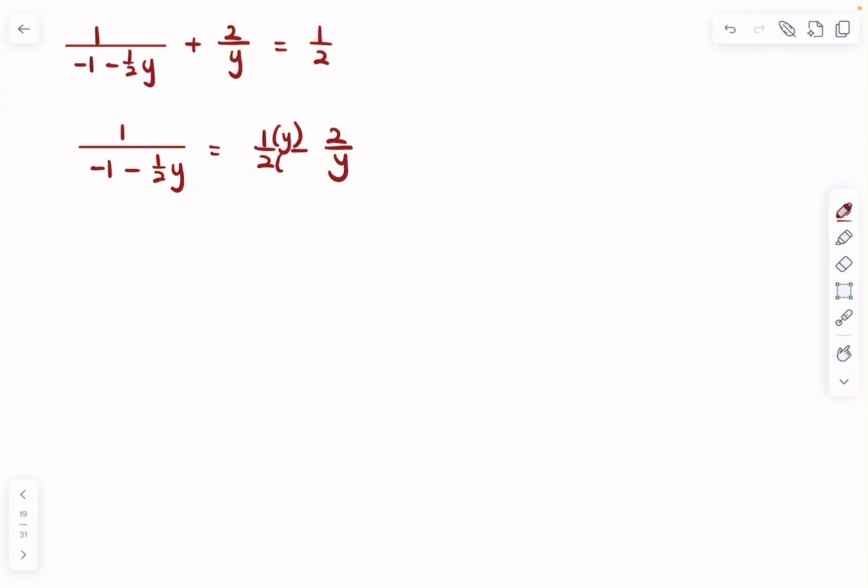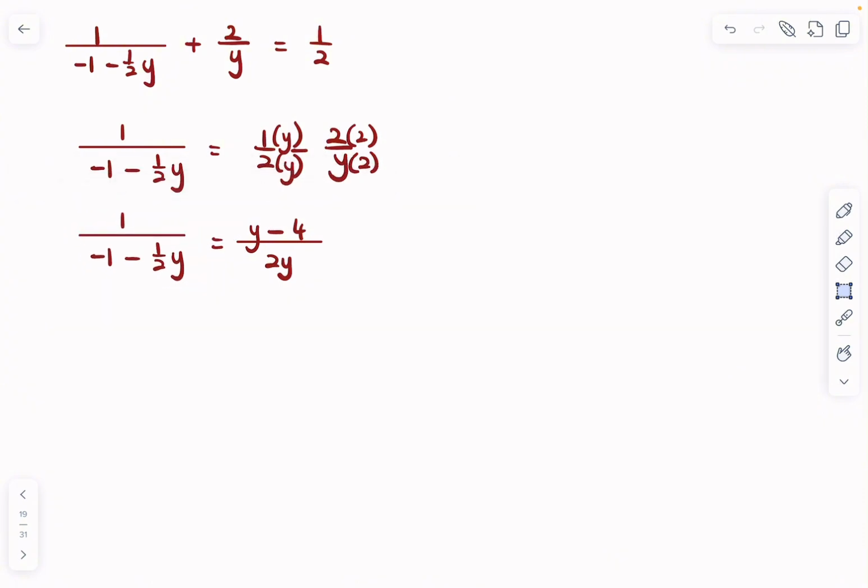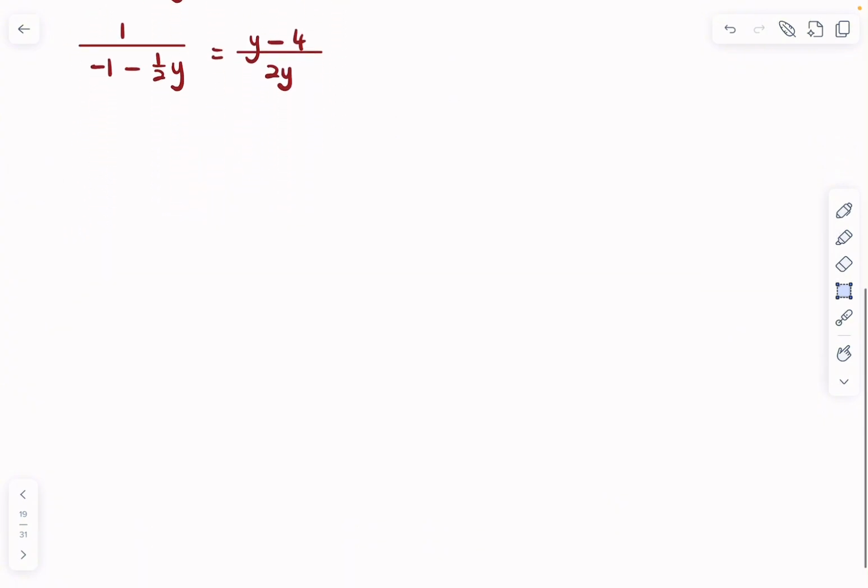So this one we times y times 2 times 2, so we'll get (y minus 4) over 2y. This one is the same. So from here we can cross multiply. This times this, this times this.